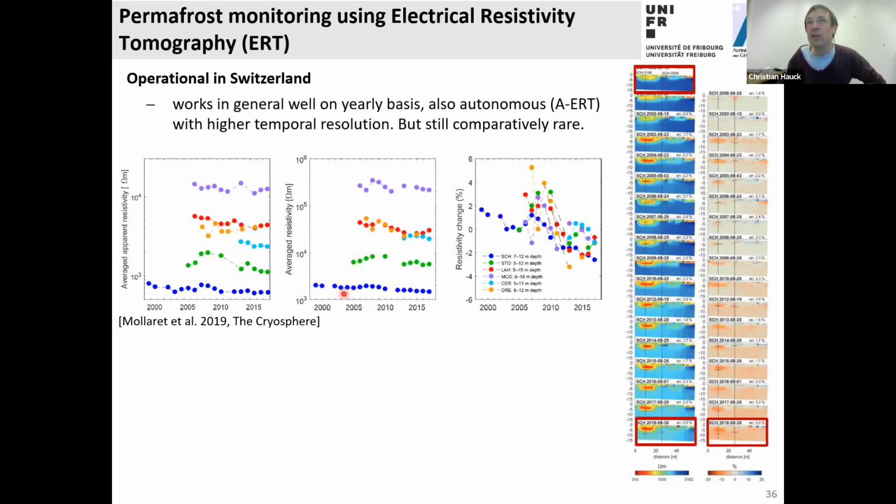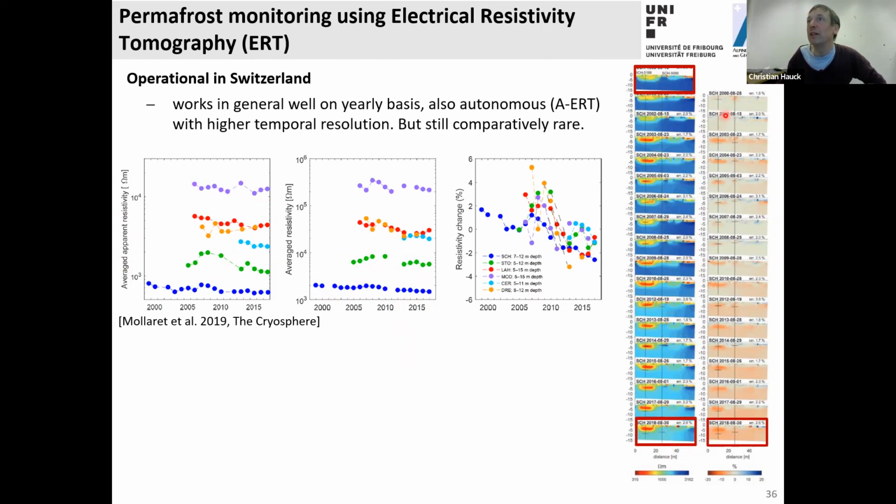And we see it's not trivial; it's not always going down, right? There are differences between the sites, which have to do with differences in the material composition of the different sites. Here is the inverted data, one tomogram over 20 years, repeated almost at the same time every year.